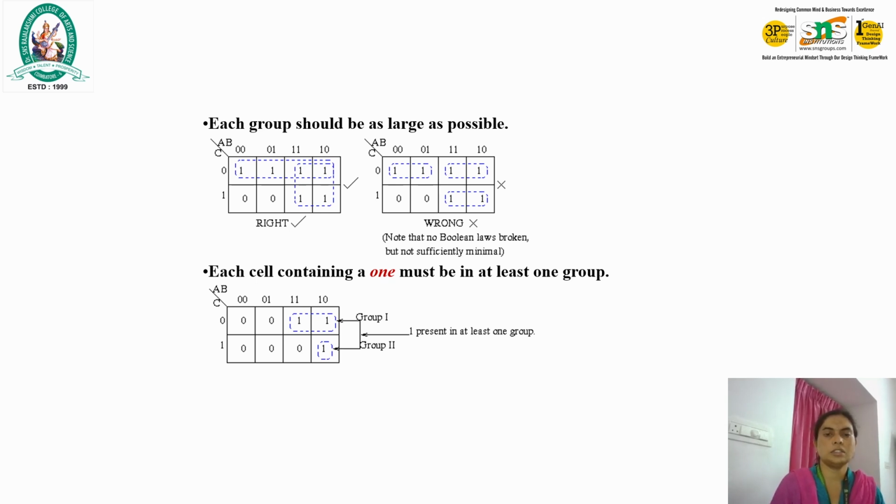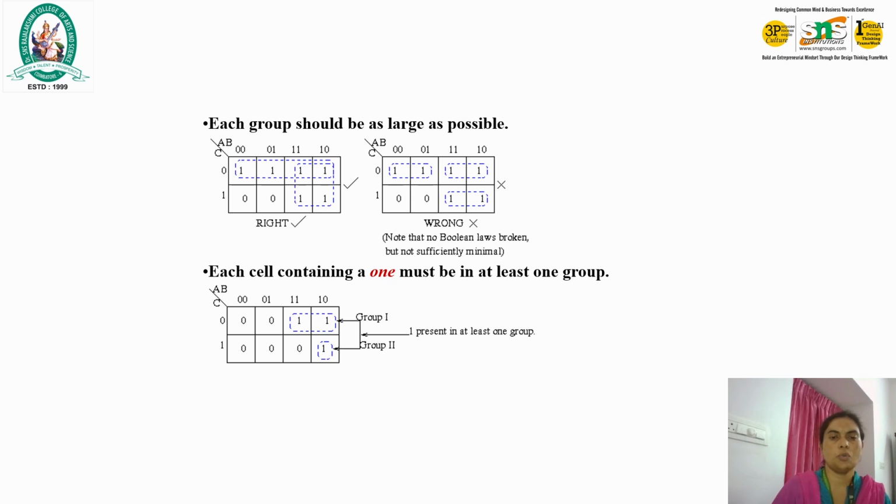If 4 cells is not possible, we concentrate on 2. And if 2 is not possible, we check for the corners of ones. These corners of ones can be grouped as 4 in the case of 4 variables and 2 in the case of 2 variables.